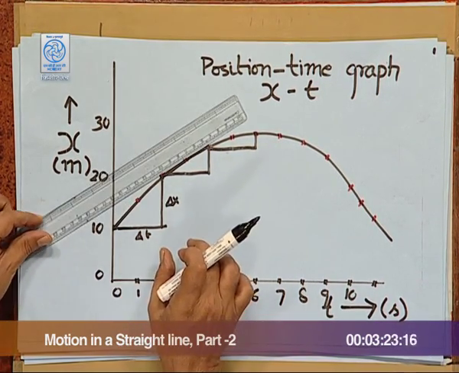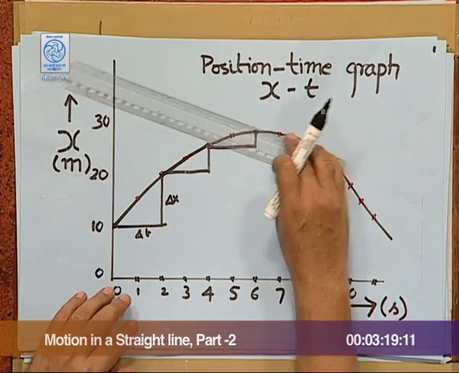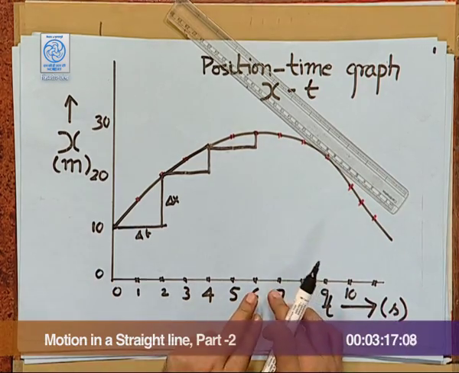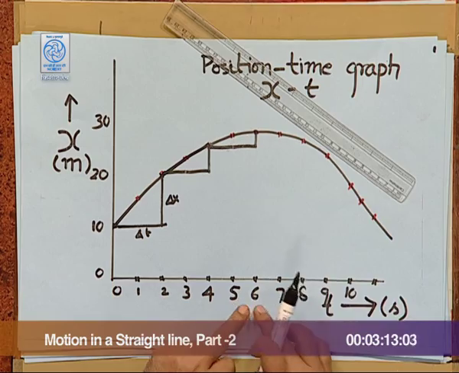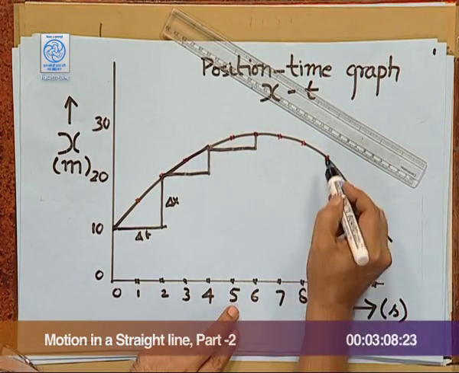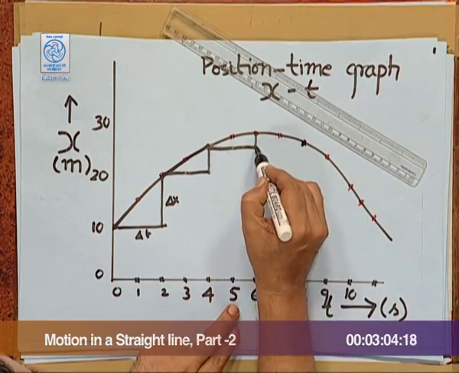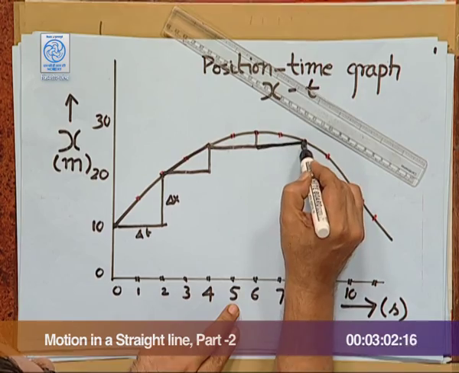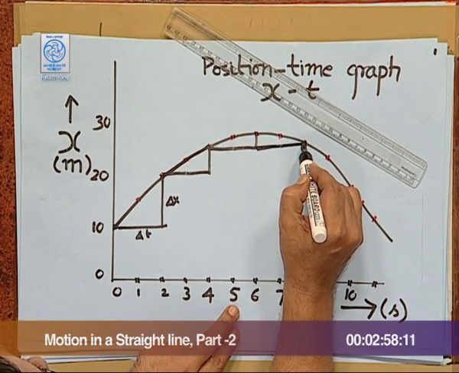Now, in this graph, the slope goes on changing, but look at this, when it goes on after 6 seconds, between 6 to 8 seconds, the slope is negative. What do you mean by slope is negative?